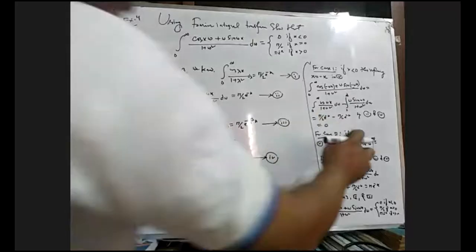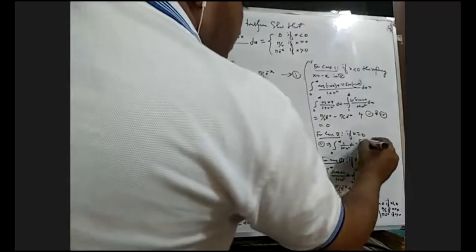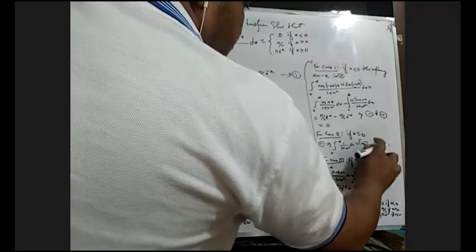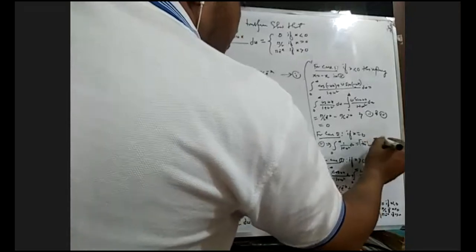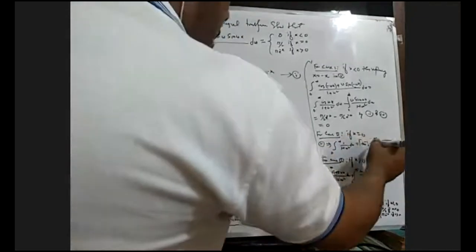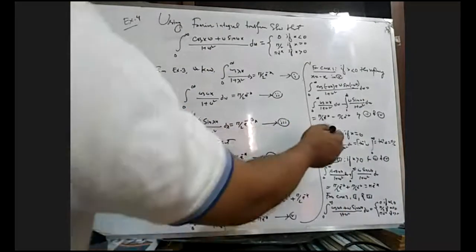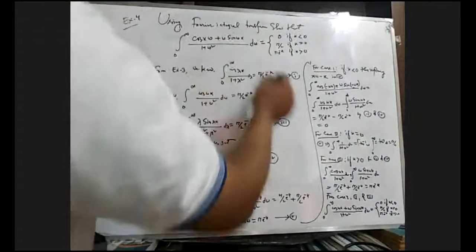Now putting the upper limit, tan inverse infinity equals pi by 2, but tan inverse 0 equals 0. So for case 2, we got pi by 2.